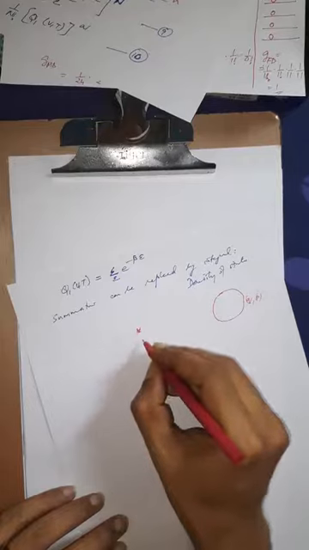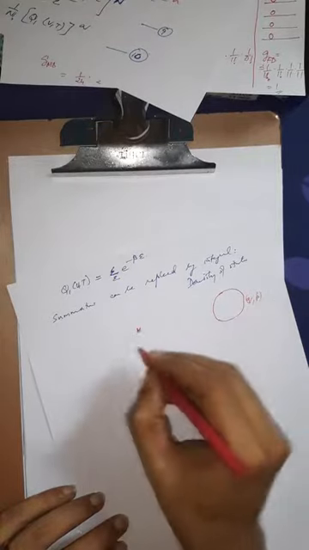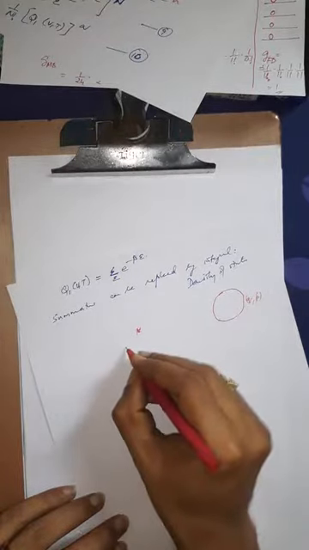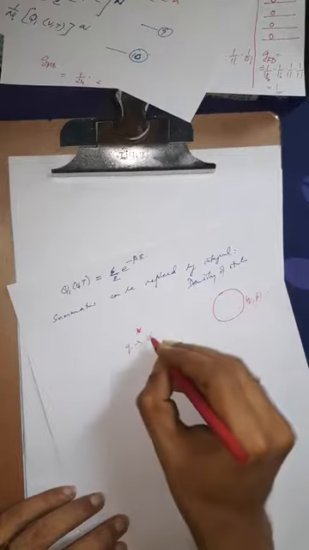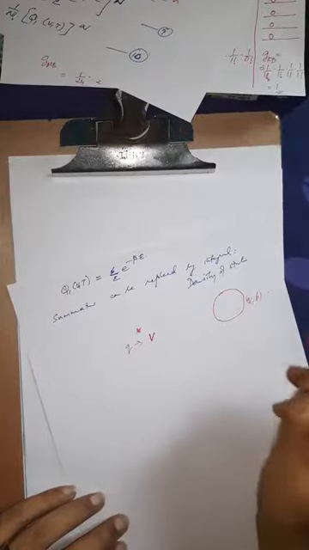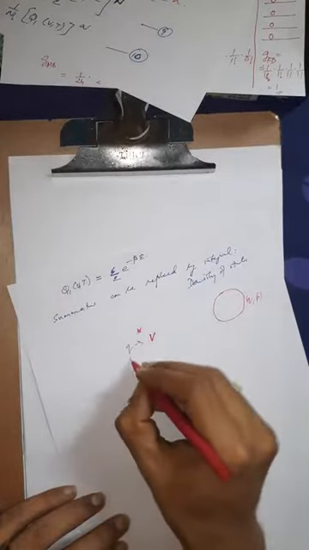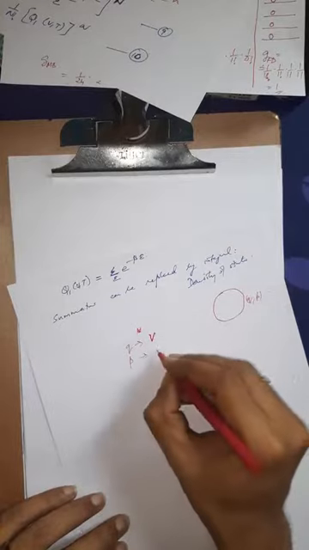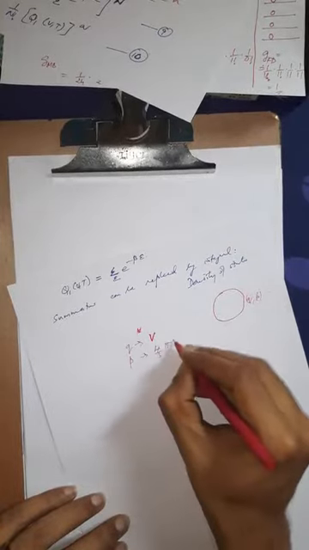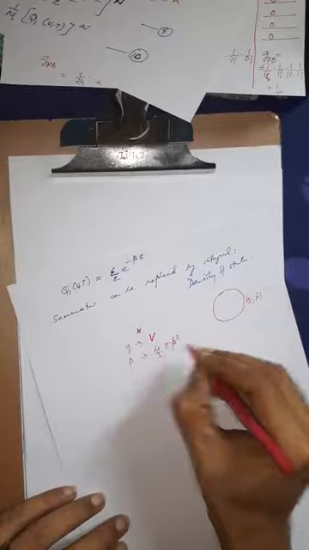So the total volume, how do we do that? I have the QP space. The total volume in the Q space is given by capital V, that is XYZ, right? And in the P space, I can write 4 by 3 pi P cube.